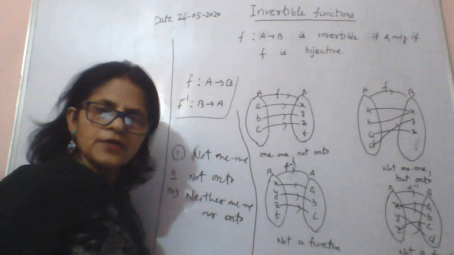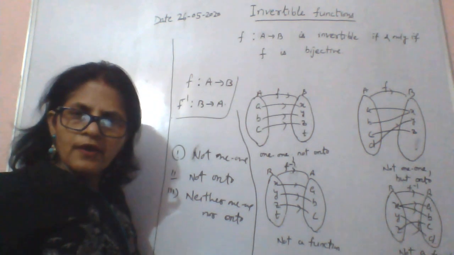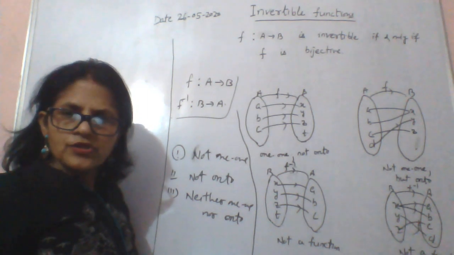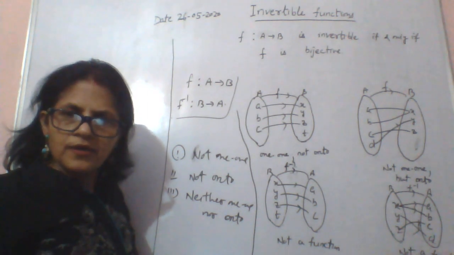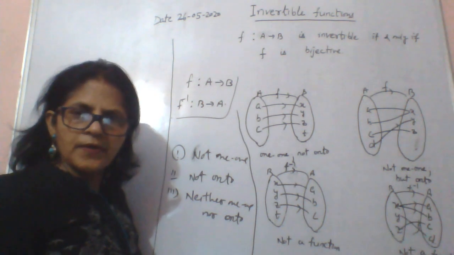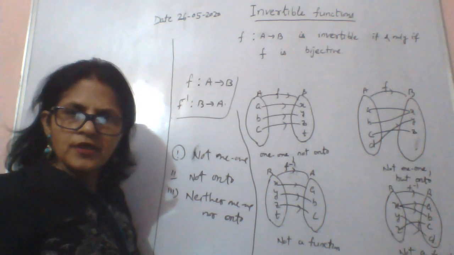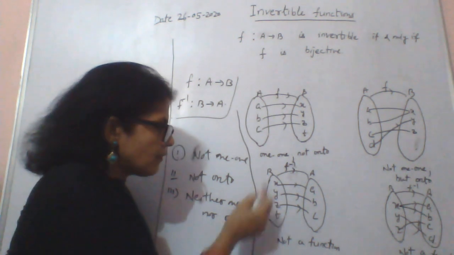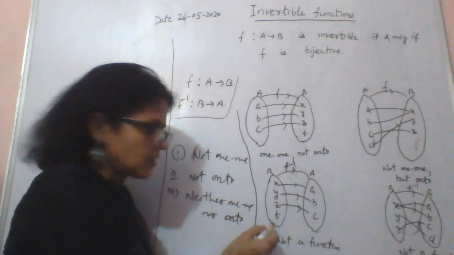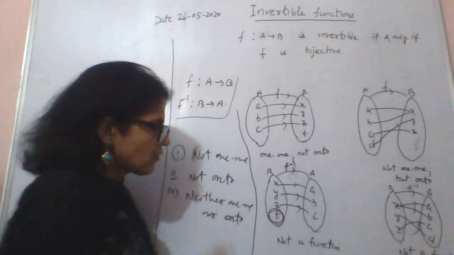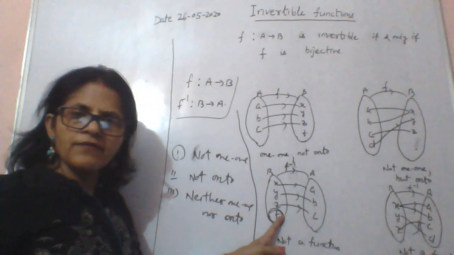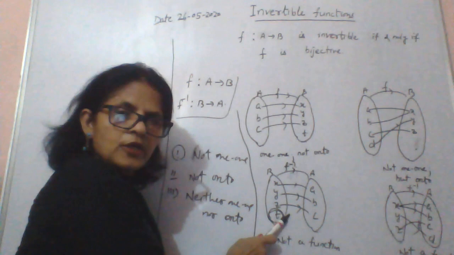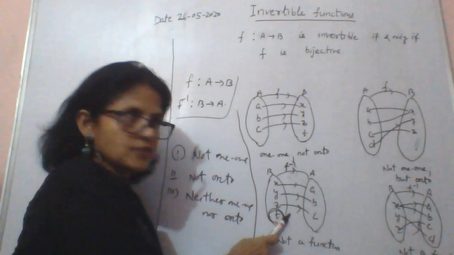As per the definition of the function, the relation f from A to B is a function if every element of A is associated with a unique element of B. Here not every element is associated, so this one is left. It means f inverse is not a function. So if the function is not 1-1, the inverse of that function doesn't exist.